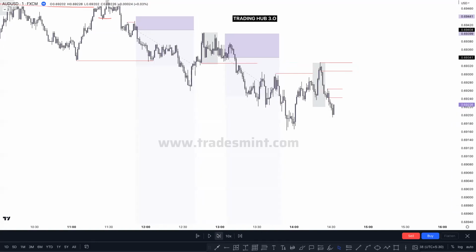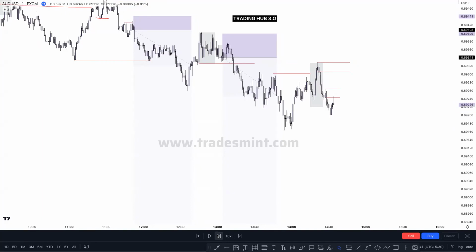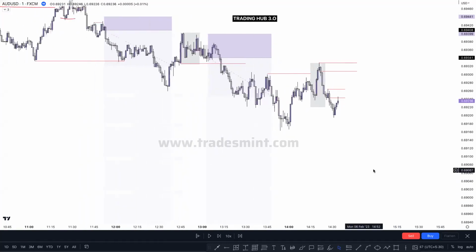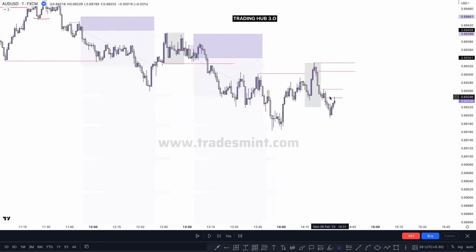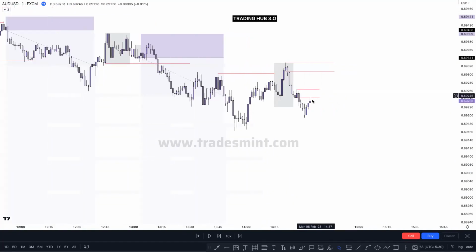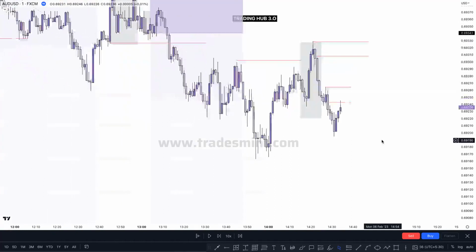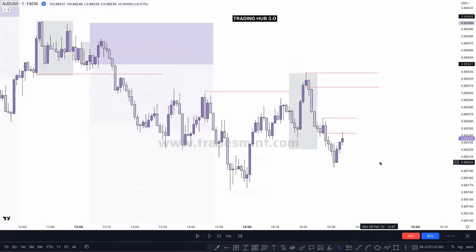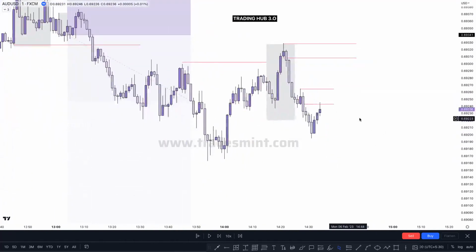Okay. You have to wait for it to mitigate the 1 minute order block. It gives a small reaction here, and once the market gives a reaction here, you have to prepare that the market can give you a confirmation, like an indication before a downside move, right?